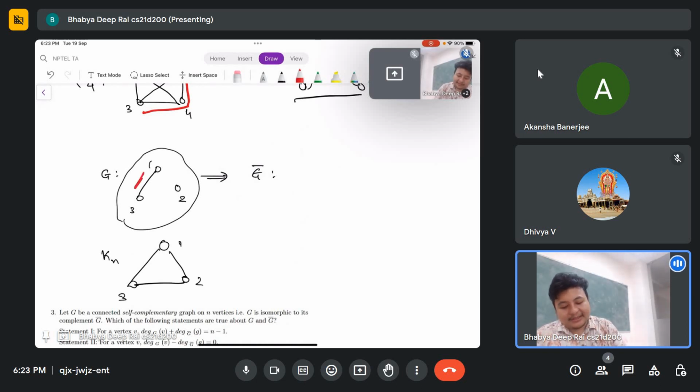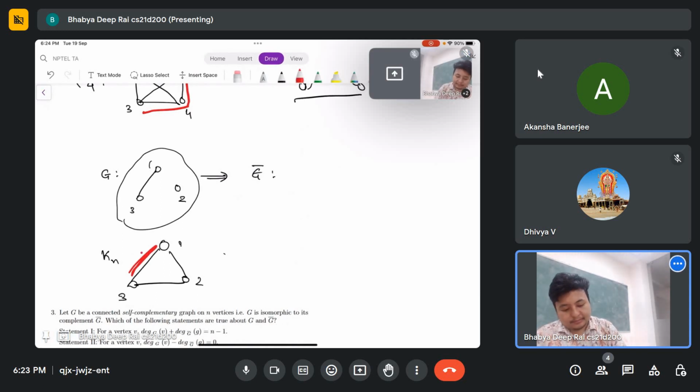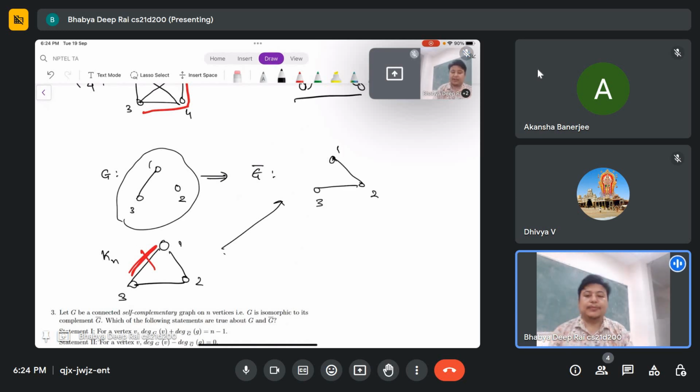What edges are in common? This is an edge in common, right? So then what do I get? Removing that edge will give me this particular graph, 1, 2, 3. This is what is meant by complement.